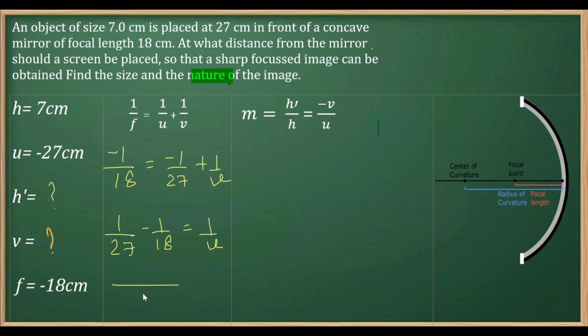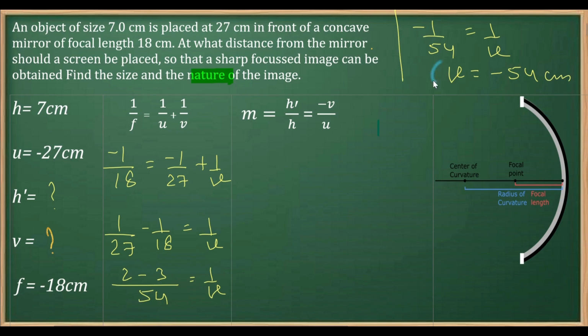And what's the LCM here? 54, as 27 times 2 and 18 times 3. So this comes out to be minus 1 over 54 is equal to 1 over V. So by cross multiplication, V comes out to be negative 54 centimeter.